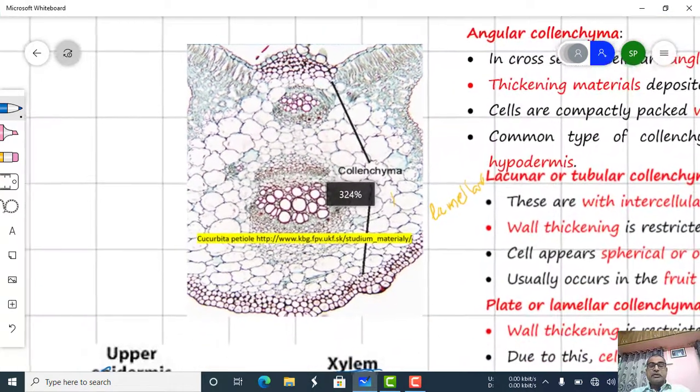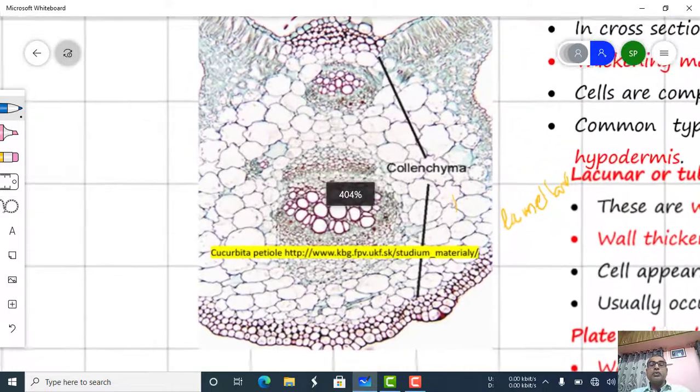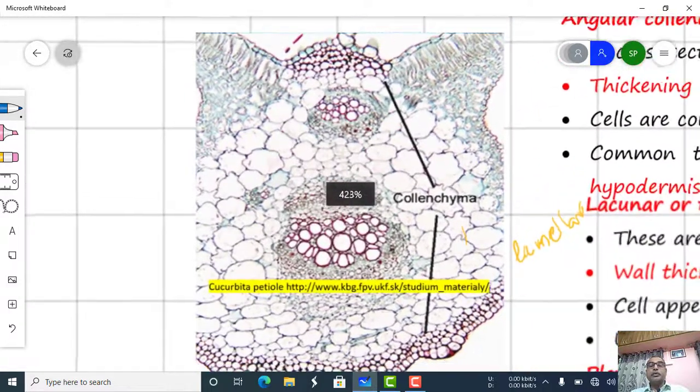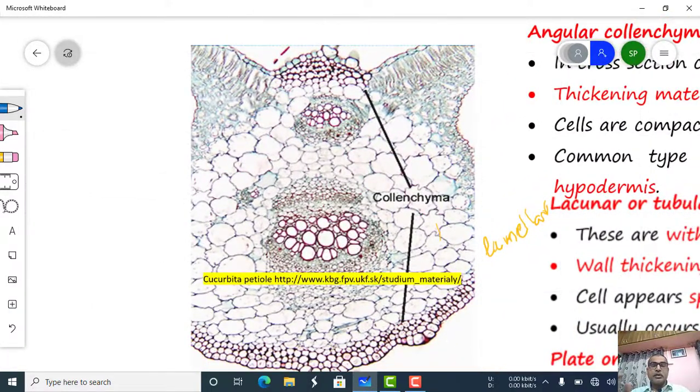This one is a figure of a cucurbita petiole. This is a transverse section. These are the vascular elements. Just see, this is the zone where collenchyma is present. Again, this is the zone of ridges and furrows, as an angular stem is present in cucurbita.